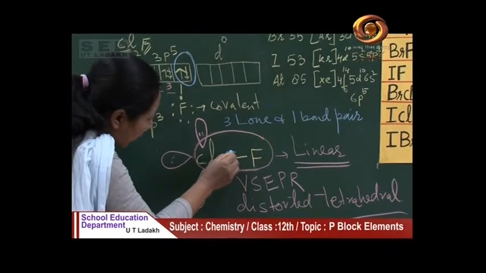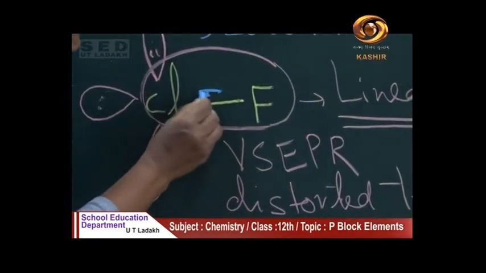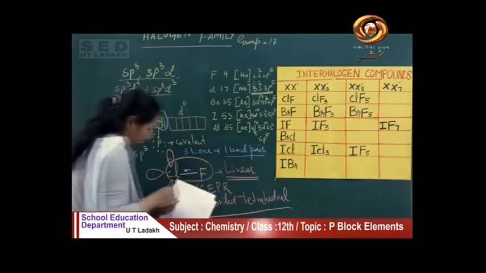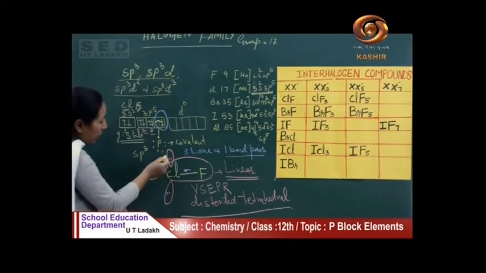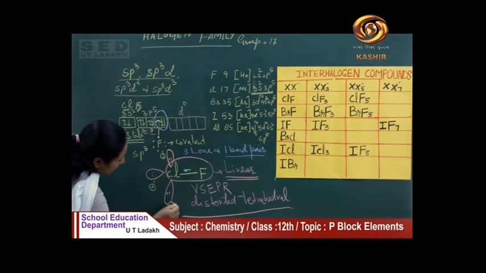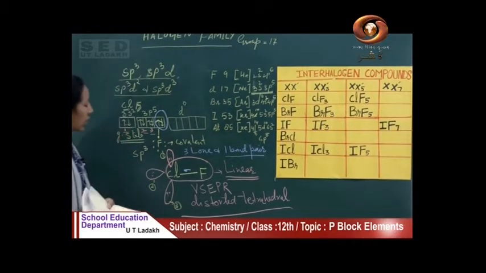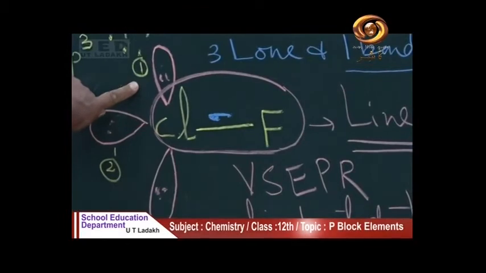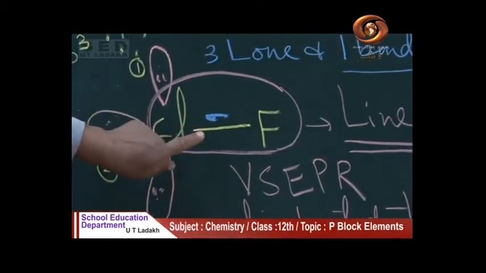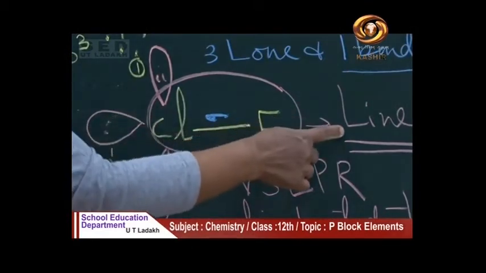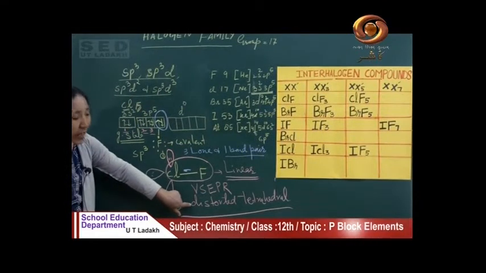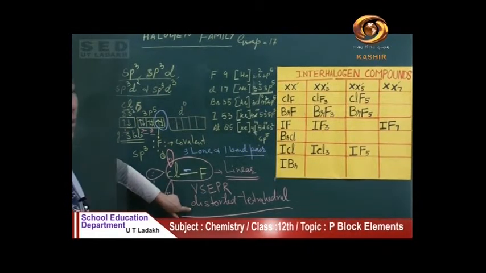Here I will assign the sigma bond, and these are the lone pairs: 1, 2, and 3. Student, please remember this. It has 3 lone pairs and 1 bond pair, and the structure is linear in nature, but according to the VSEPR model, its structure is distorted tetrahedral.